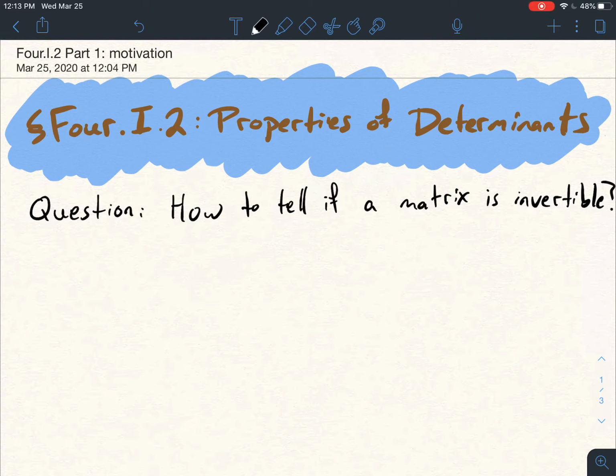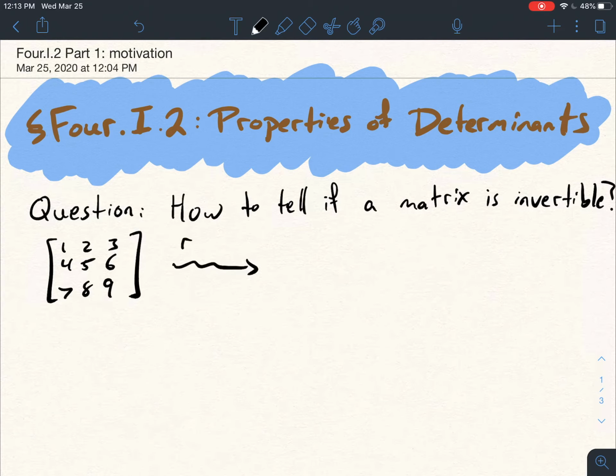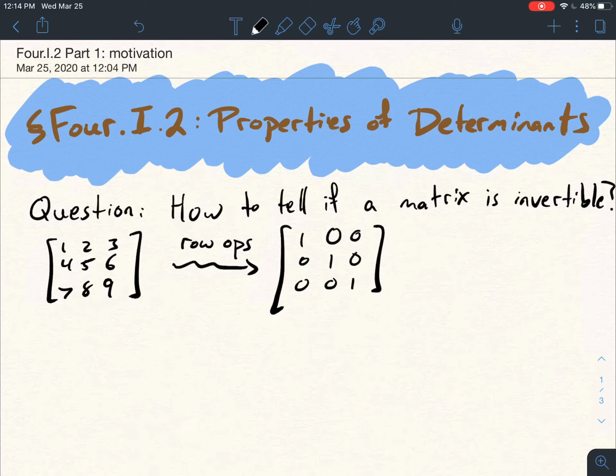If I were to just hand you a matrix, so let's say 1, 2, 3, 4, 5, 6, 7, 8, 9, then to tell whether or not this matrix is invertible, you would just do some row operations. And if you can get down to the 3x3 identity matrix, then you're good.